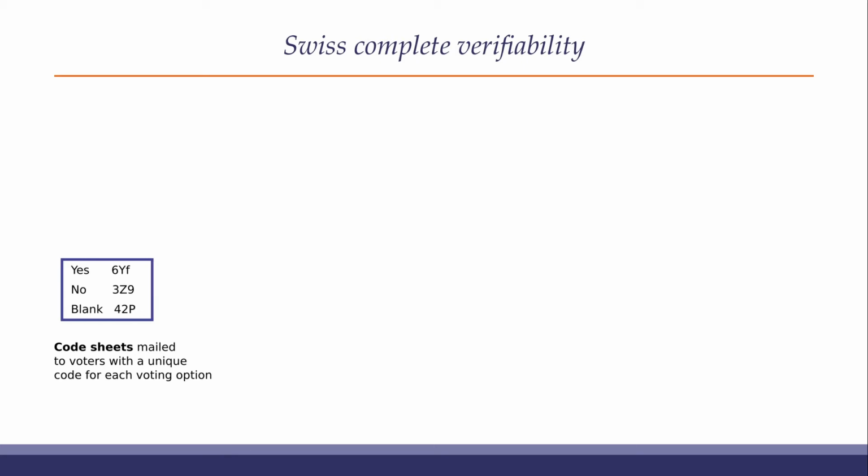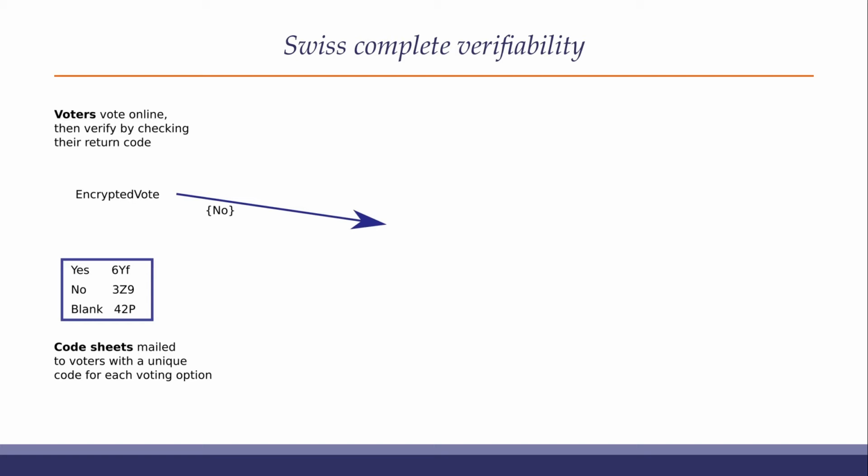I'm going to start with describing the Swiss internet voting system, and I will say from the outset that the Swiss have what, in my opinion, is probably the best e-voting regulation in the world. The regulation specifies a significant number of important, well-defined security properties, and it describes how the system is supposed to work.